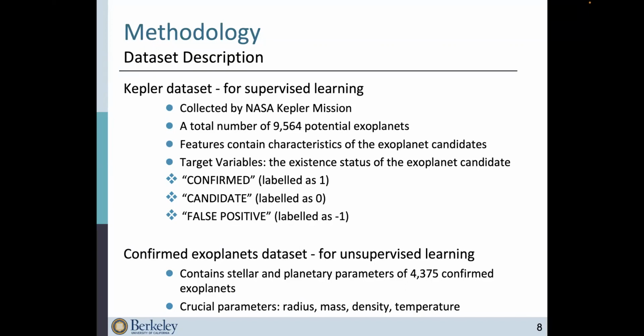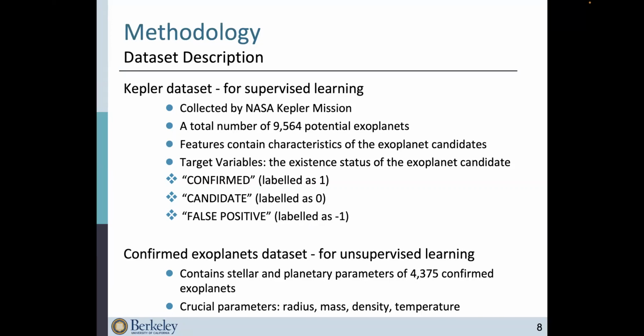If the planet is confirmed as a planet that exists, it is labeled as 1. If it is confirmed not to exist, it is labeled as -1 as a false positive sample. And if we haven't confirmed its status, it is labeled as 0 as a candidate. So the first dataset is for supervised learning, a three-categorical classification.